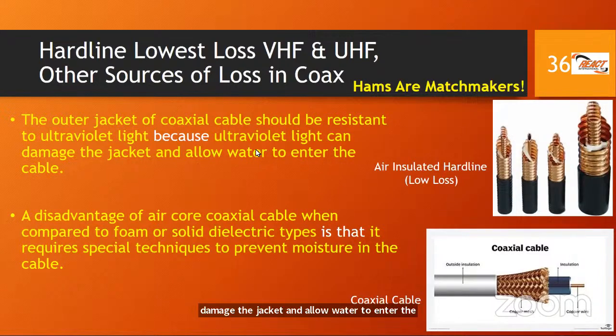So this is an exam question. UV rated cables are what you need. Why? To keep water out, because if they crack up under UV, water will get in. Not good.